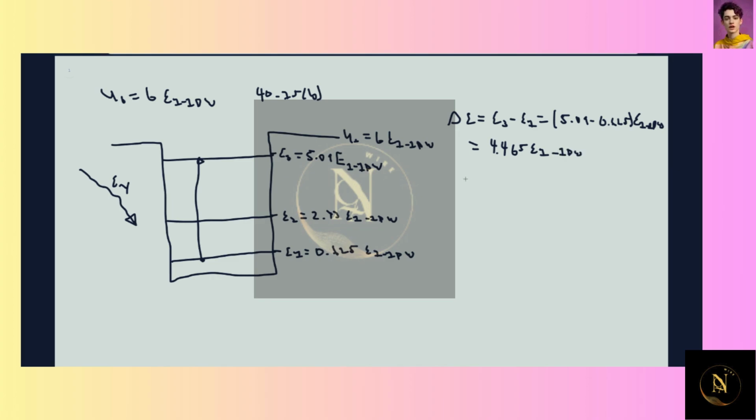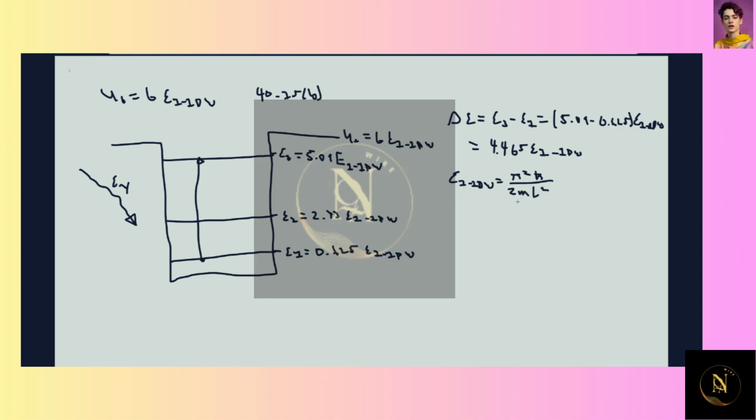Now let's go ahead and solve for this energy. This energy is given by pi squared h bar squared over 2 m L squared. These are all constants that we know.